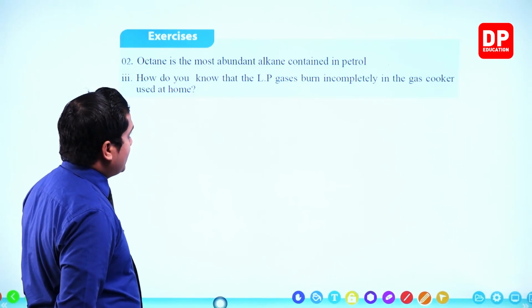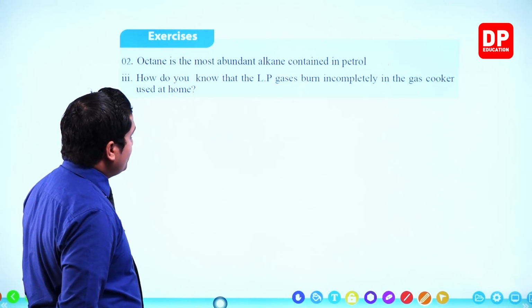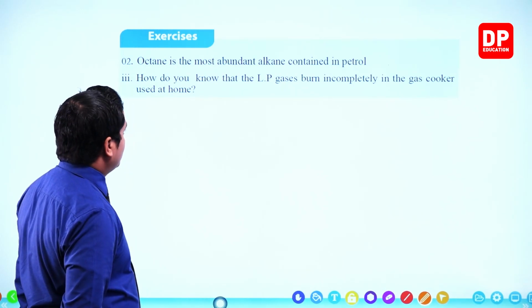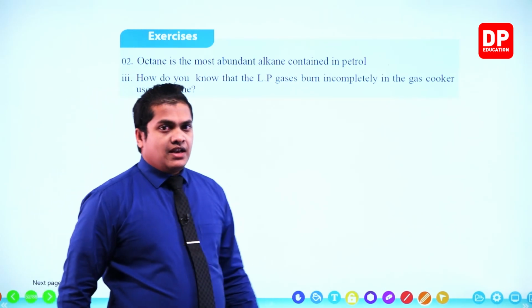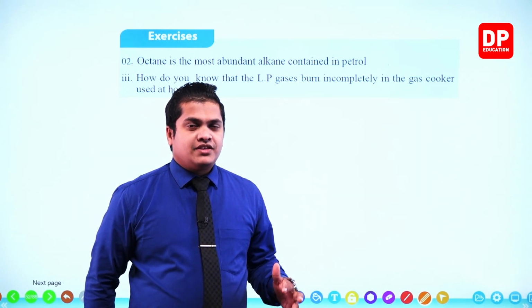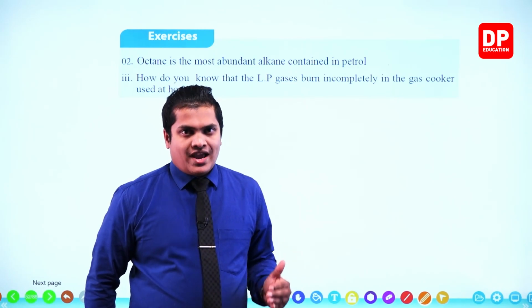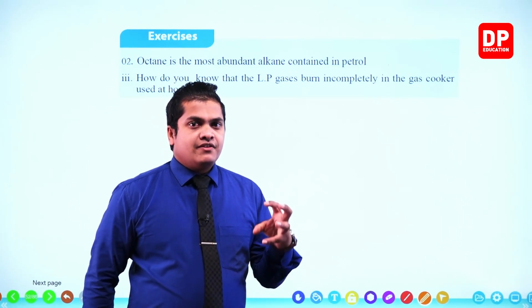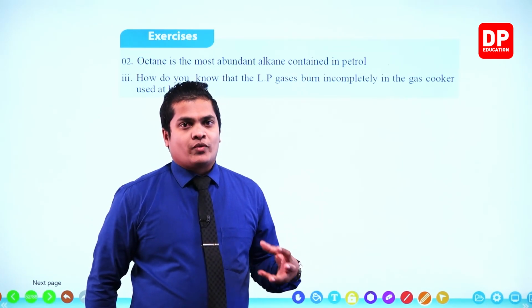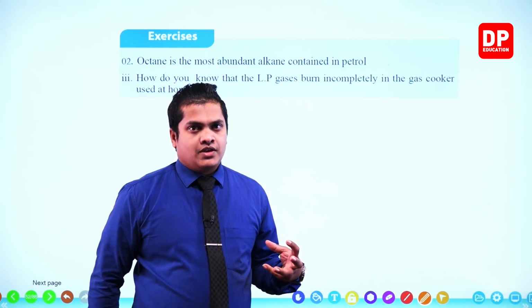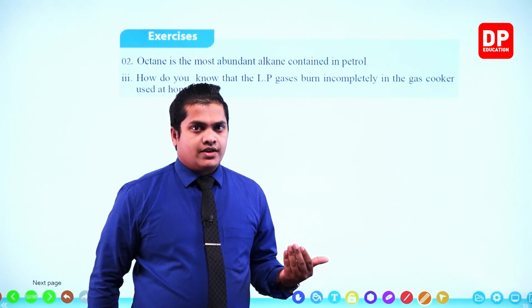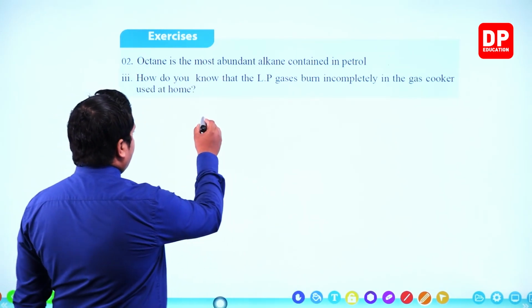How do you know that LP gas burns incompletely in the gas cooker used at home? If LP gas burns incompletely, definitely the flame should not have a blue color. If the flame is blue, my dear children, then we can say that it is showing complete combustion. If there is no blue color, then we won't be able to observe a complete combustion. So it's very simple.